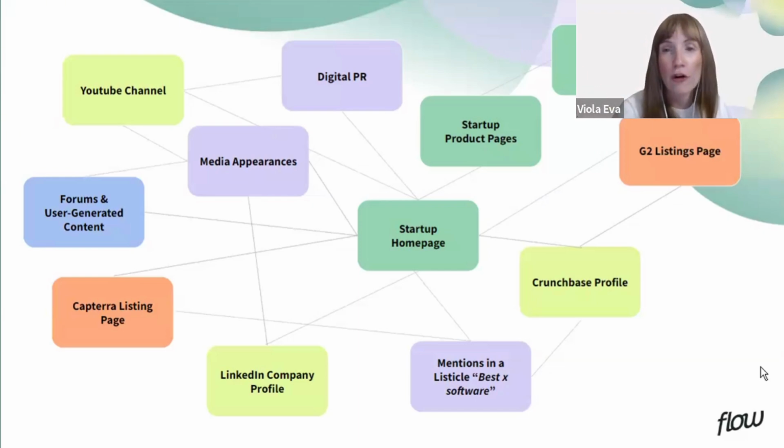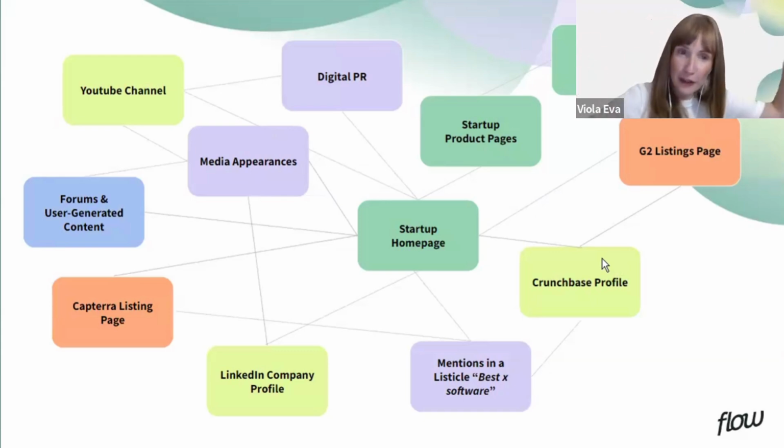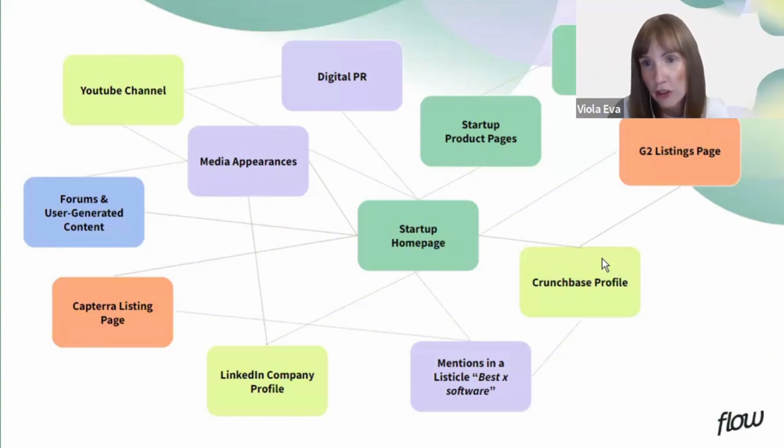And then in orange, we have the properties that we can partly control. In G2 and Capterra, we can control the description and the category we're in. We can typically not directly control the actual reviews on these pages, and so that's a bit more tricky. The next layer of trickiness is the purple boxes, which is everything that broadly falls under outreach, digital PR, and link building.